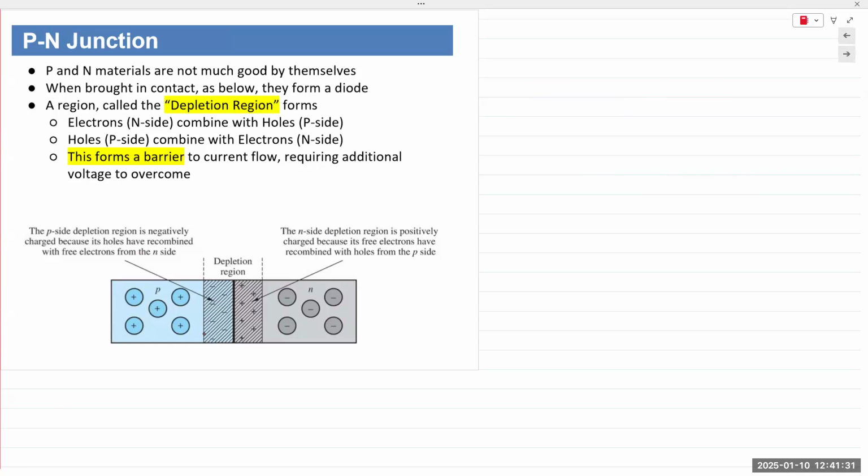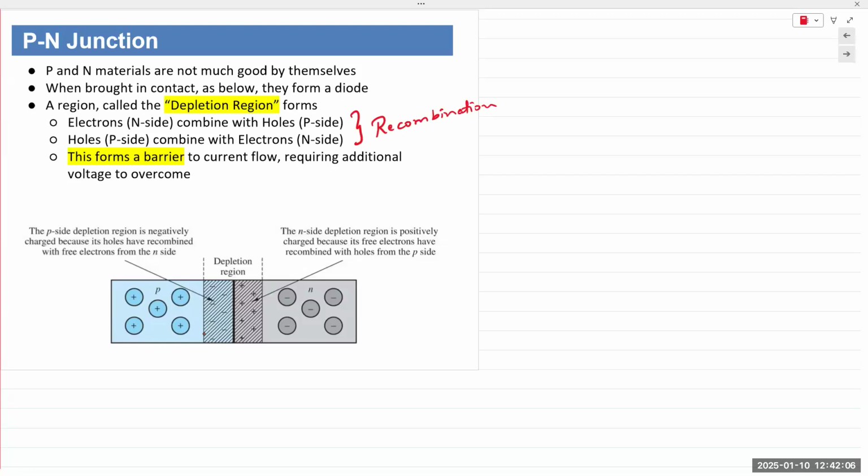When you bring them in close contact, at the junction itself, if you have an electron and it sees an empty spot, it's going to jump into that empty spot. When an electron jumps into an empty spot, we call this process recombination.